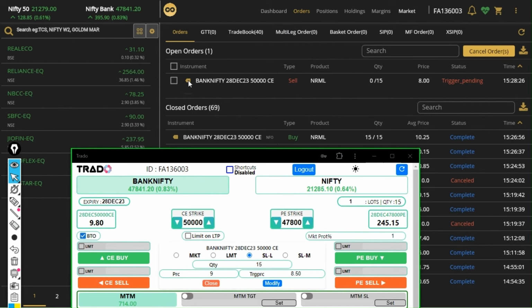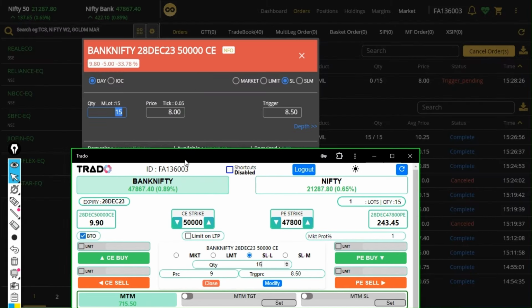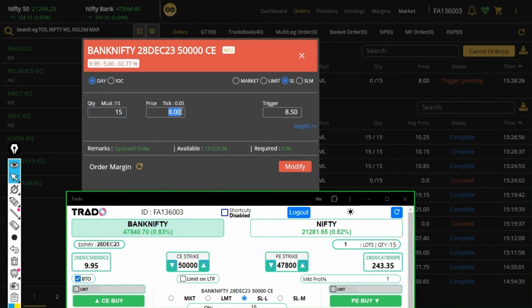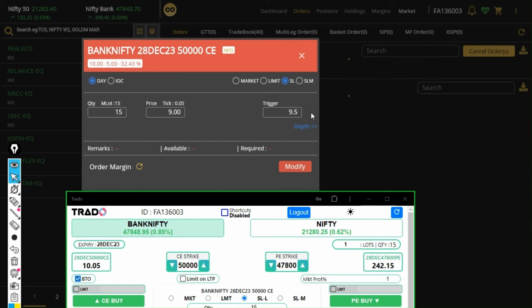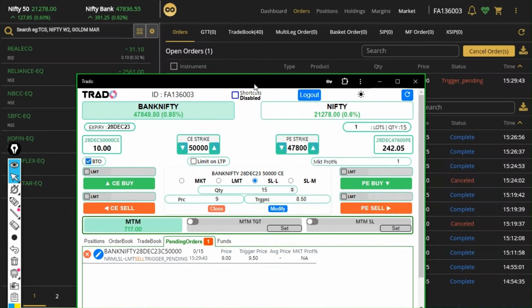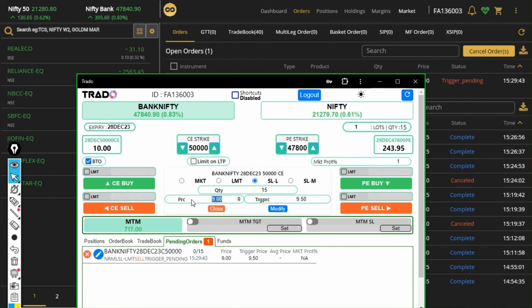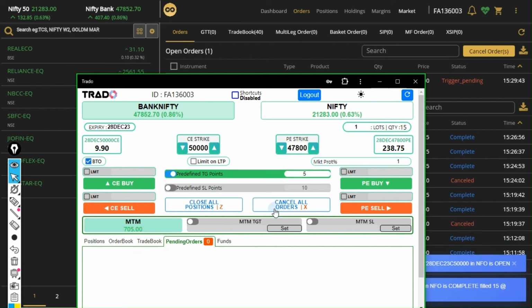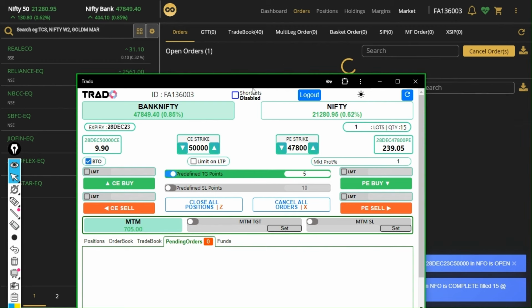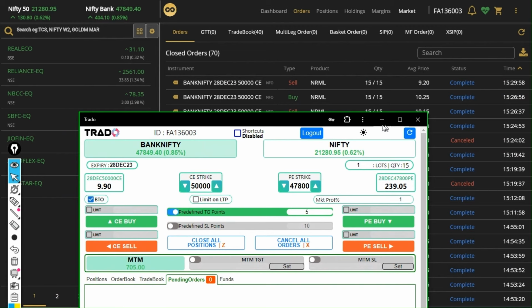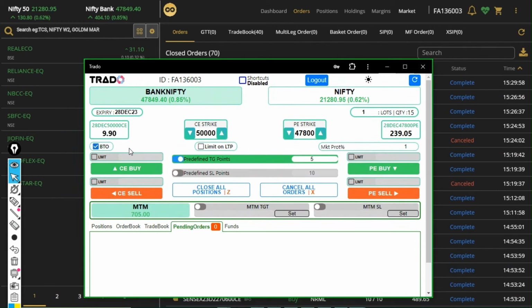If I want to modify it to 9, I will write 9 here, then change this also to 9.5, then modify. See how much time it's taking. If you want to modify it from here, it's very easy and very fast, like simply 9.5, 9.85 and modify it. Now it got hit. So like this you can modify your orders, your BTO orders also.